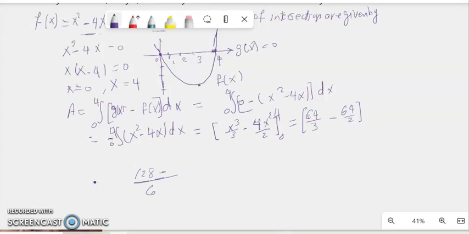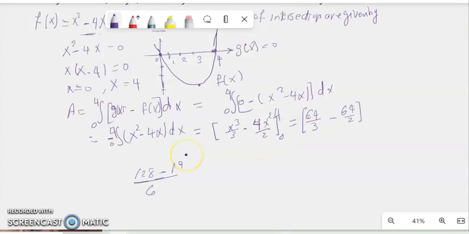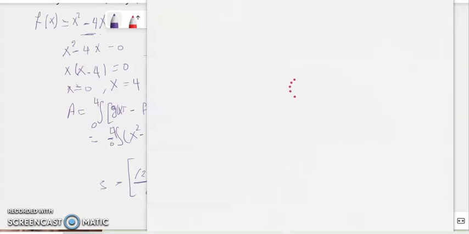Minus 6 over 2, that's 3, and 3 times 64 equals 192. So 192. Don't forget we have a negative sign here.